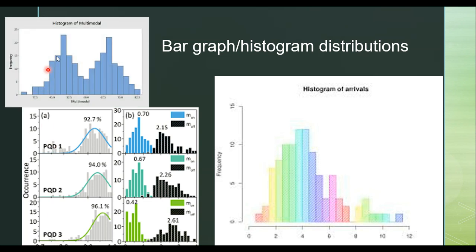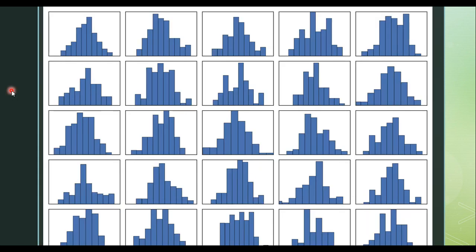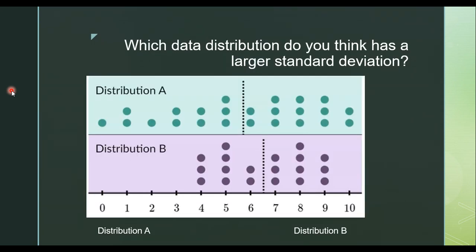This guy right here has two modes. It's multimodal or bimodal, right? But I could make a little camel-looking graph based off of that guy. Here's just a ton. It literally can be anything depending on what you're asking, depending on what you're looking for, depending on the data, the results. It can be all kinds of different things.